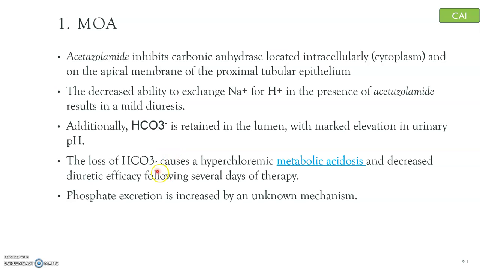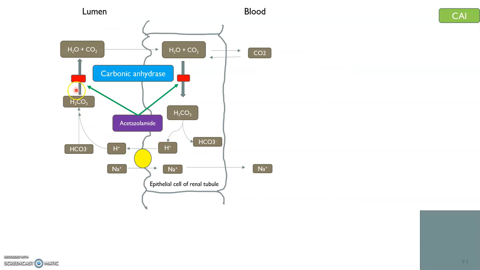The retained bicarbonate is going to go out in the urine. So when more bicarbonate goes out, it's going to cause the blood to become more acidic.